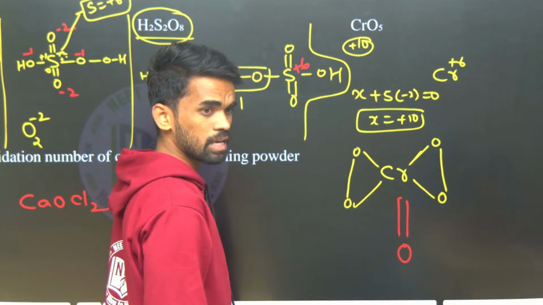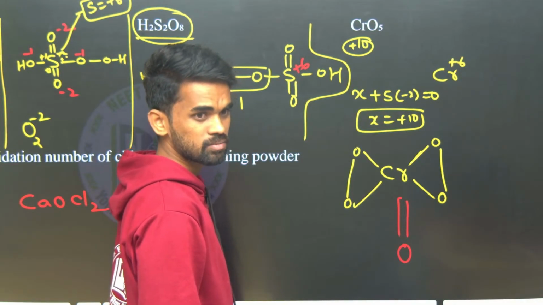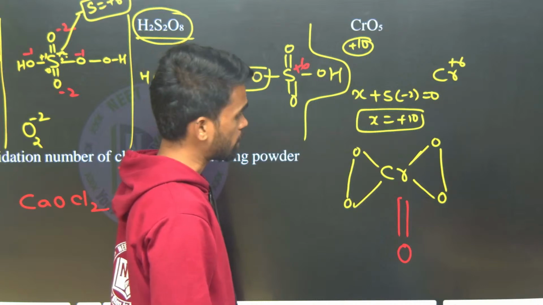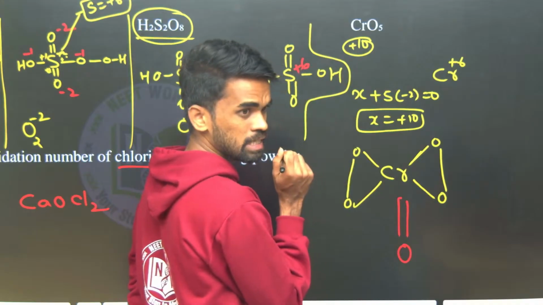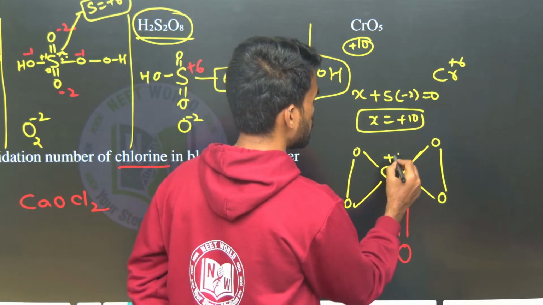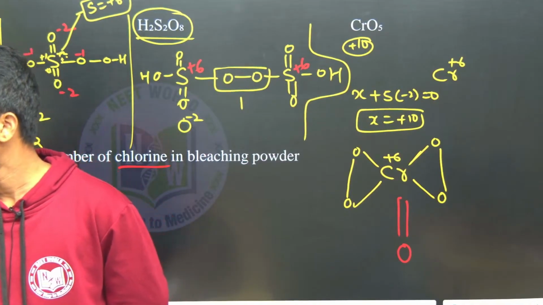How does it look? Like a butterfly. You can remember it as the butterfly structure, CrO5. So how much charge? 6 bonds are there, all with oxygen, so plus 6 for chromium, that's it. Is this clear or not?